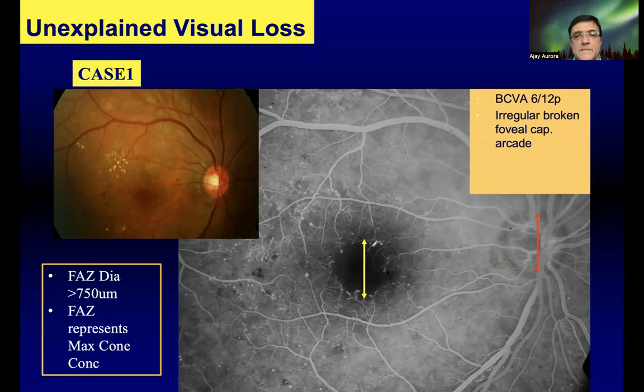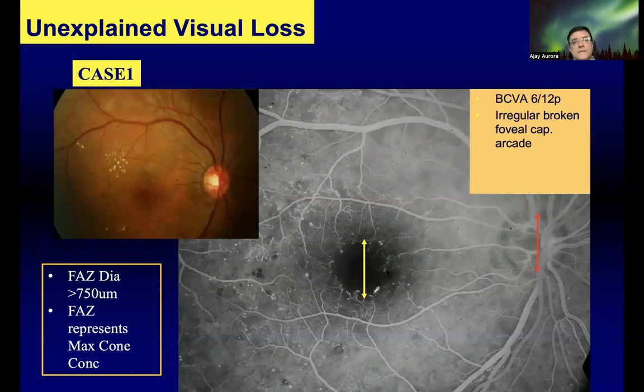So how do I measure the foveal avascular zone? We have a scale available in the angiography system, or you can look at the disc size, which is about 1500 micron, and this foveal avascular zone is almost as much as that.